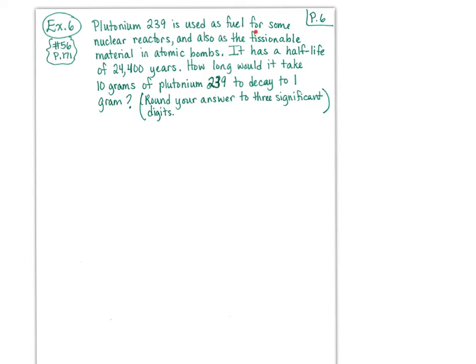Plutonium-239 is used as fuel for some nuclear reactors and also as the fissionable material in atomic bombs. It has a half-life of 24,400 years. How long would it take 10 grams of plutonium-239 to decay to 1 gram? Round your answer to 3 significant digits.